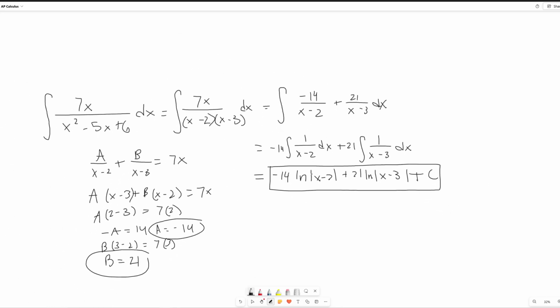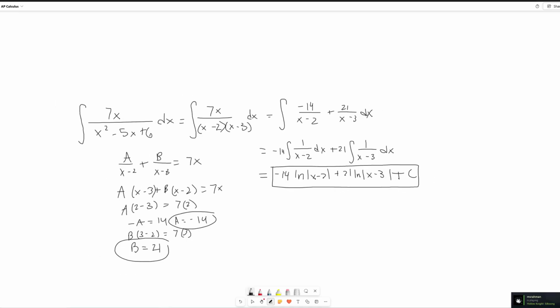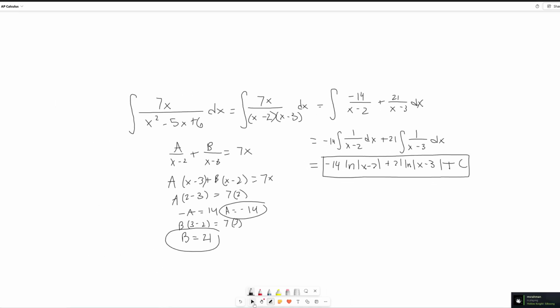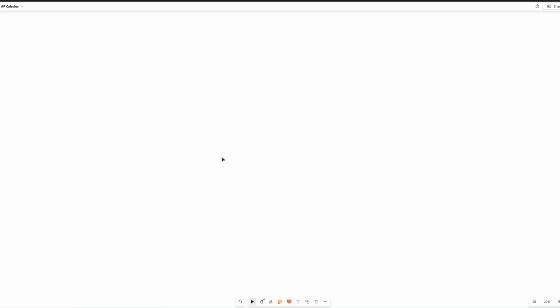So this is a lot of work for one of these problems. But again, there will always be this on the problem. So I'm going to give one more partial fraction problem, and this is an advanced one.